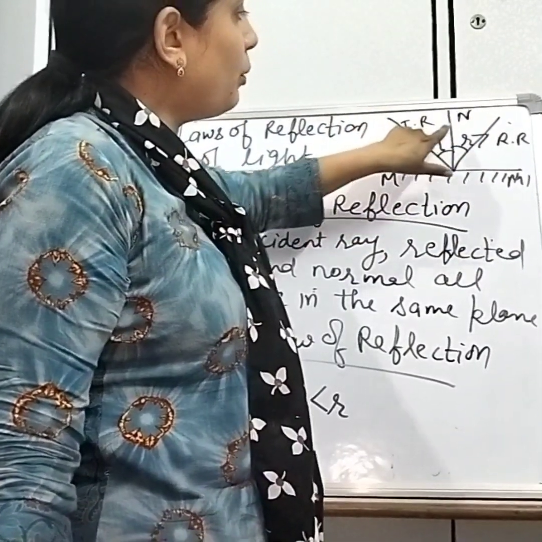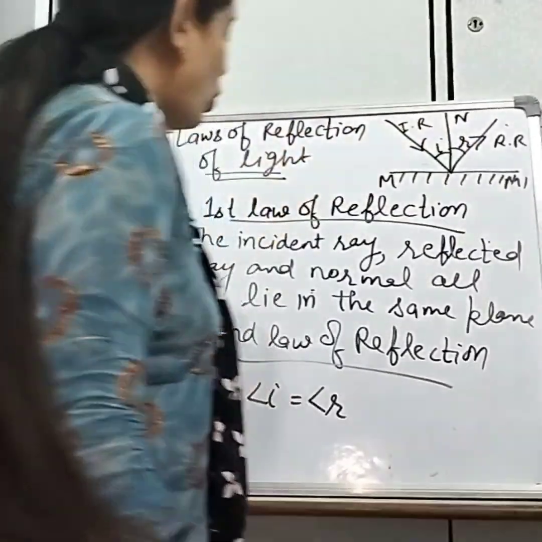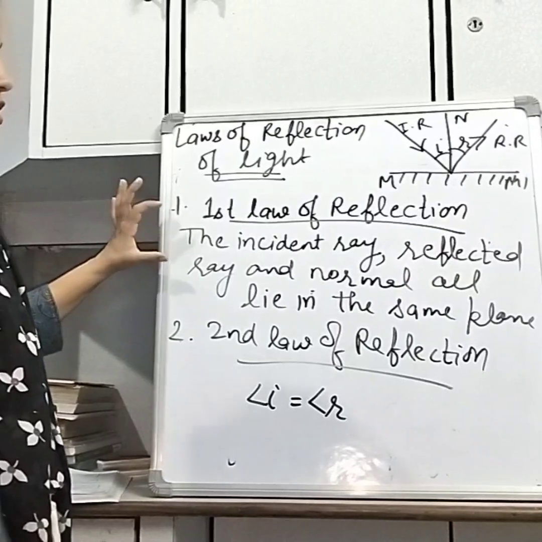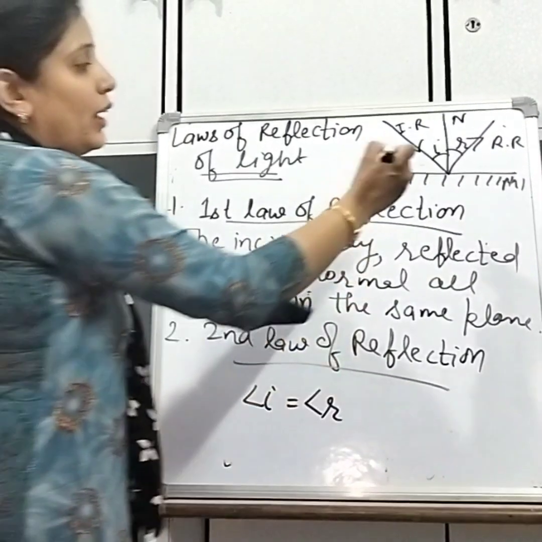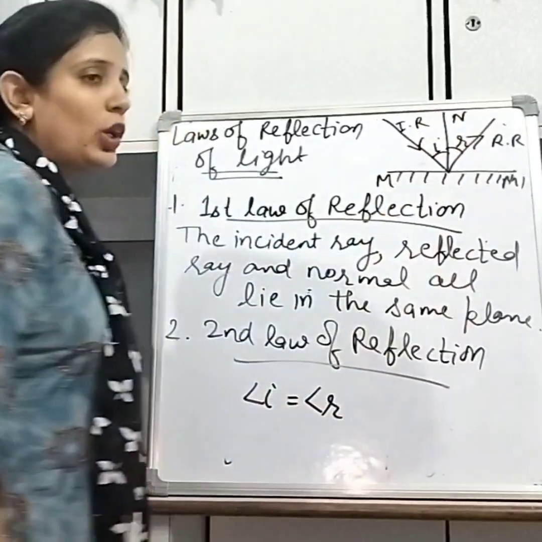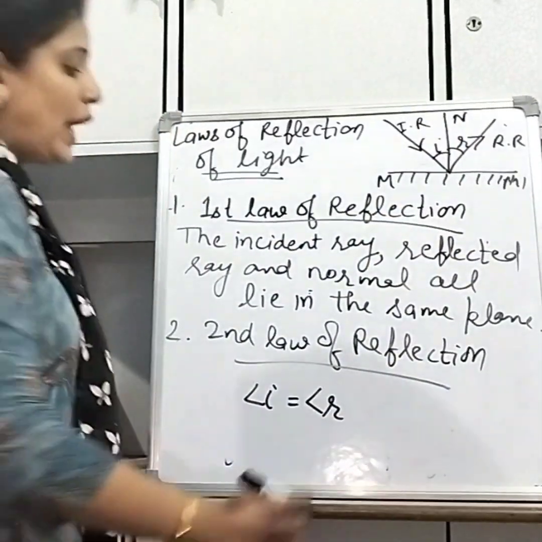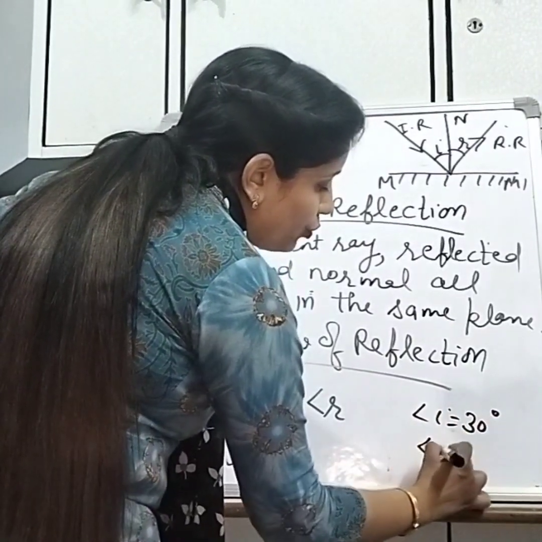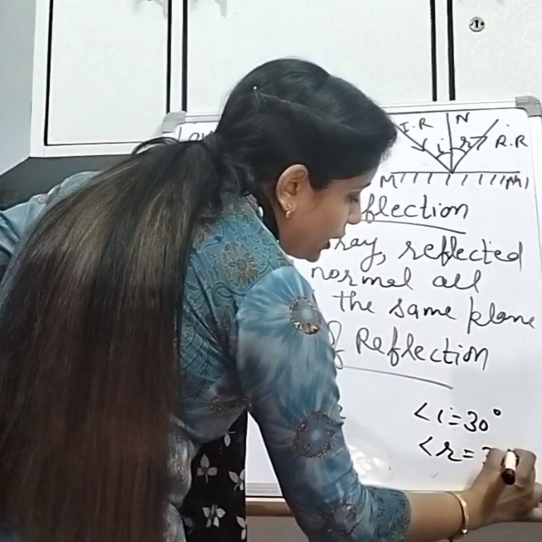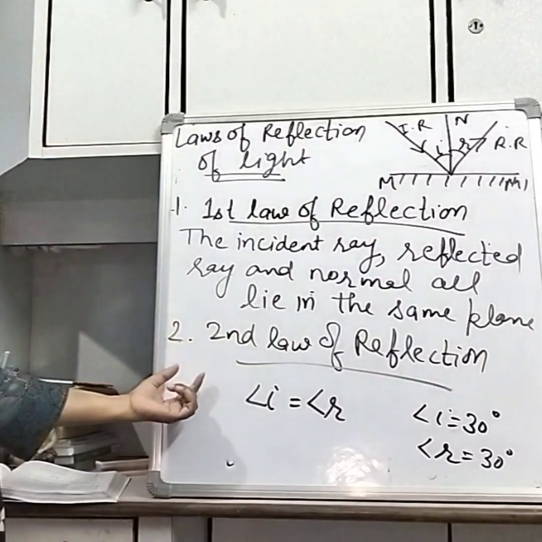And according to the second law of reflection, the angle of incidence is always equal to the angle of reflection. If the angle of incidence is 30 degrees, then the angle of reflection is also 30 degrees.